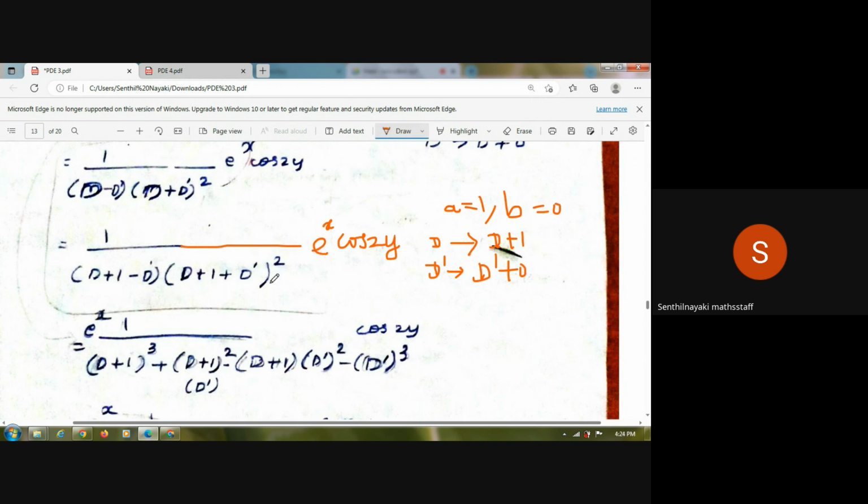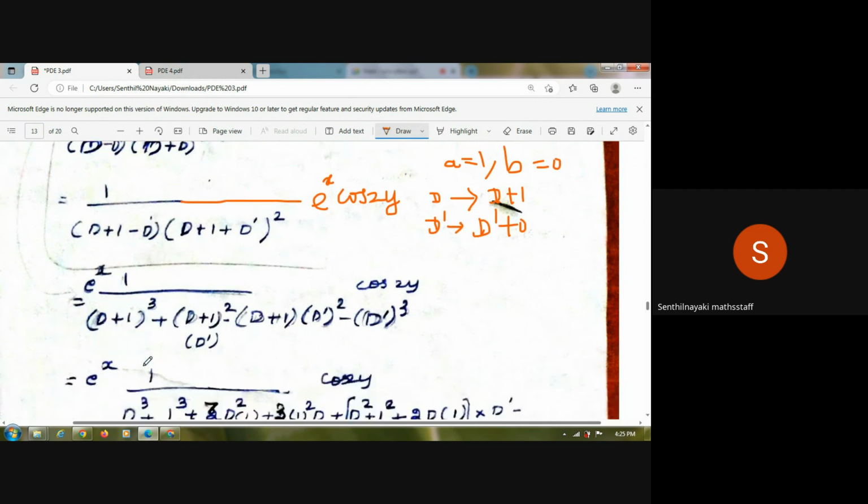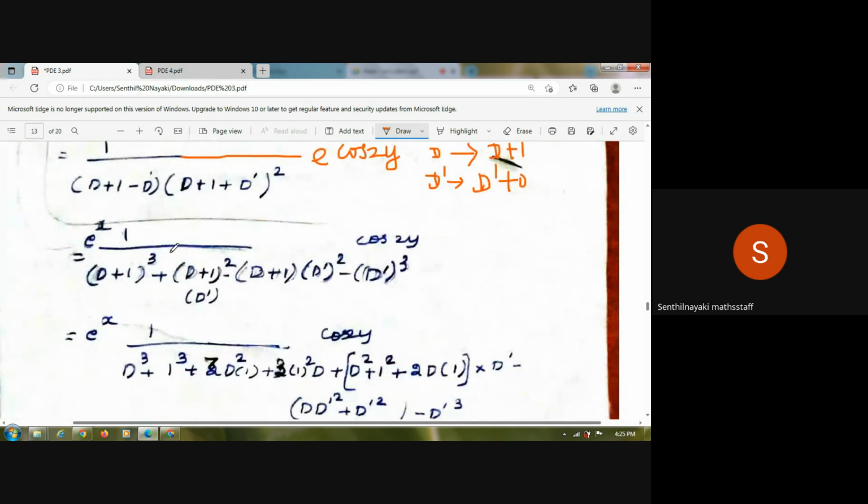so after substituting this value, we can take e power x near this equal to sign. So equal to e power x 1 by d plus 1 the whole cube plus d plus 1 the whole square minus d plus 1 into d dash square minus d dash cube.